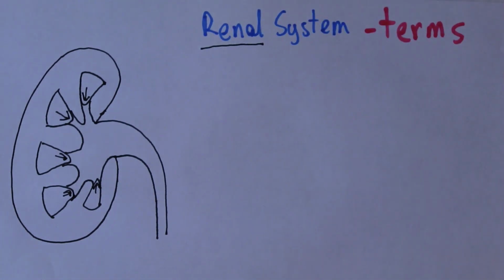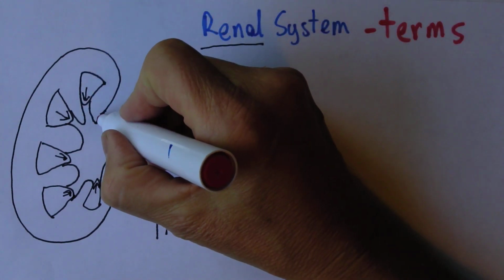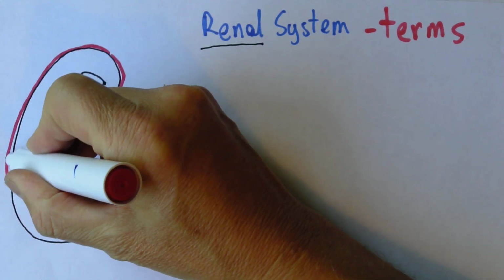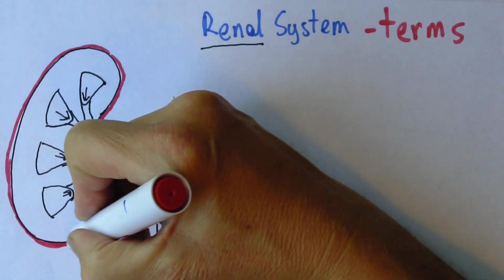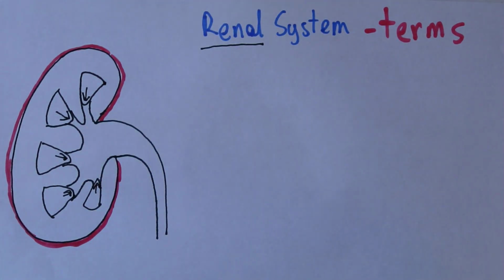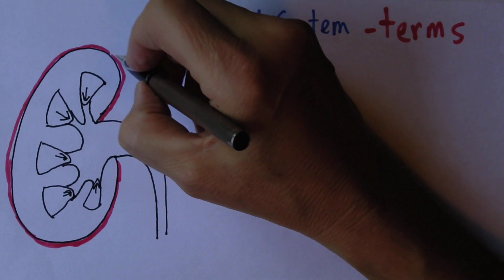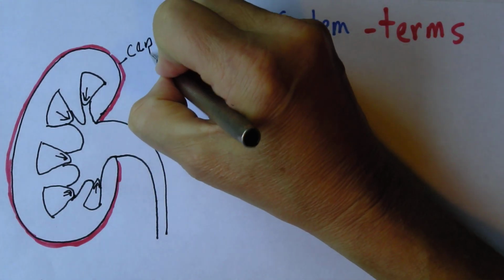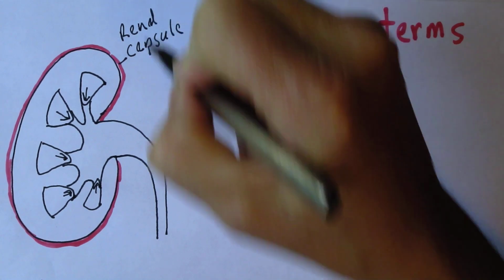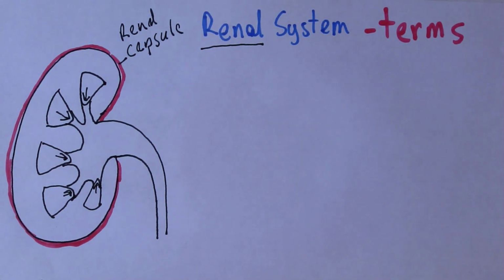So round about the kidney, for example, surrounding the kidney, very sensitive layer actually surrounding the kidney, thin membrane, but that's called the renal capsule. But it's renal because it's surrounding the kidney.